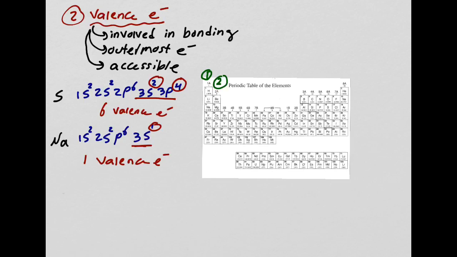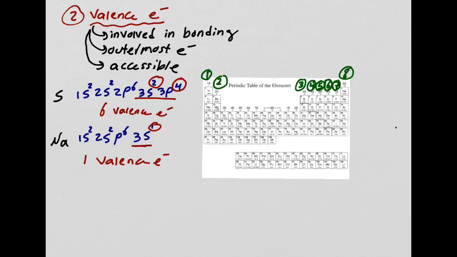Group 3A has 3. Group 4A has 4. Group 5A, good guess, 5. And then 6 and then 7 valence electrons. The last one, the noble gases, has 8 valence electrons. So you can figure out the number of valence electrons based on the group number.